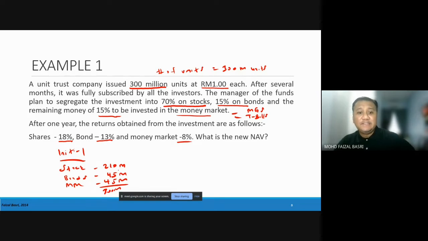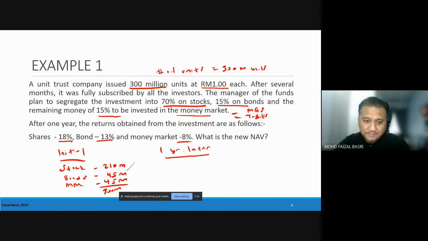Okay, so this is the initial value. Masa dia baru launch, masa dia baru jual, dia dapat 300 million, everyone invest RM1 each unit. So at the end, fund dia ada 300 juta. And dia invest by 70, 15% respectively. So after 1 year later lah, they generate returns.